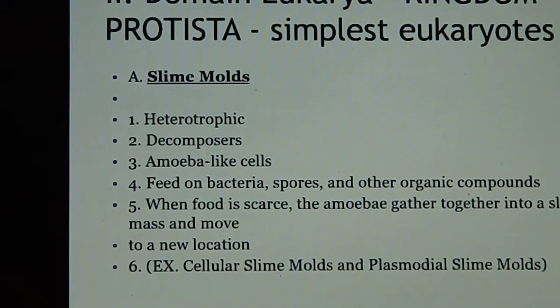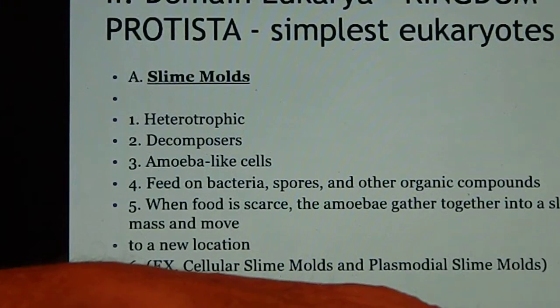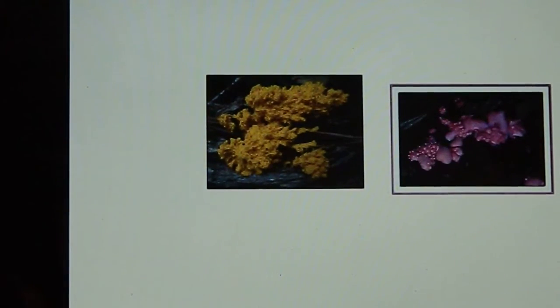And they move on to another area that might be better suited for them for food. So here's a couple of examples of slime molds. If you're out in the woods, you see a dead, decaying log laying on the floor of the woods. It might have something like this on it, and that's what that is.